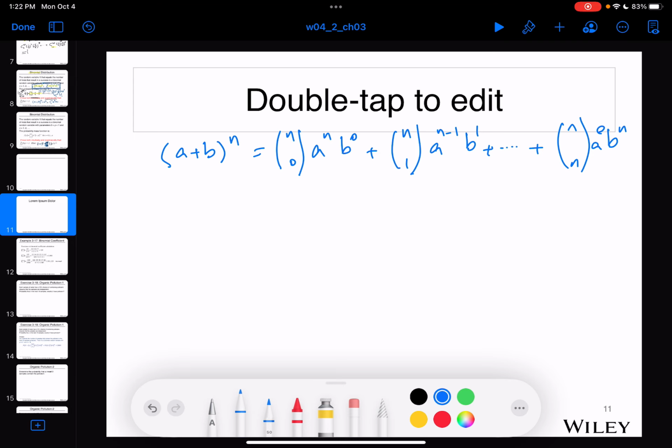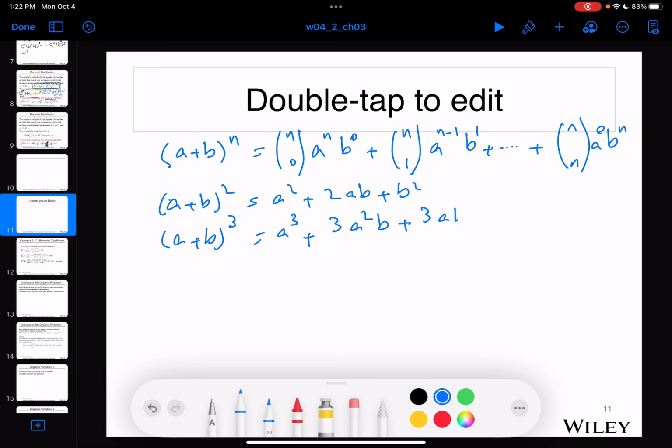This is from algebra, right? So the familiar case of this that you have seen for sure is (a plus b) to the power 2 is a squared plus 2ab plus b squared, right? Or (a plus b) to the power 3 is a cubed plus 3a squared b plus 3ab squared plus b cubed, right?